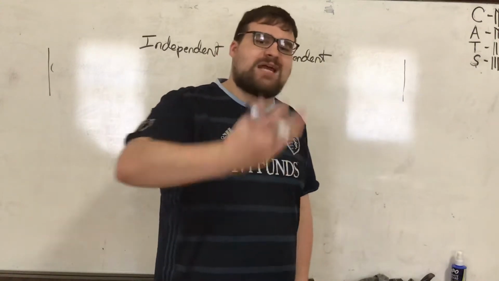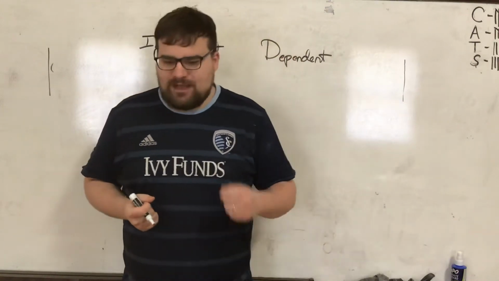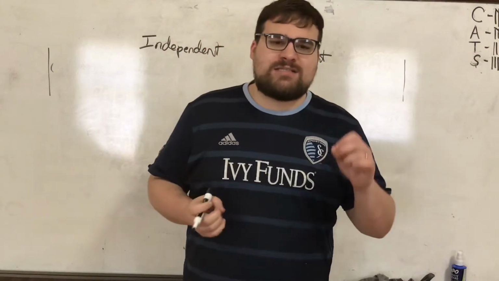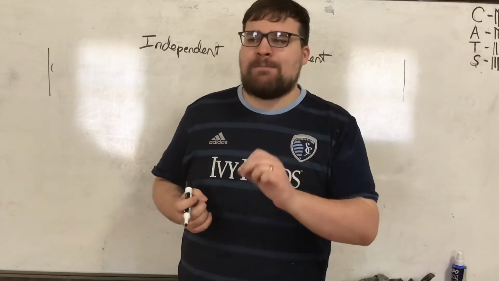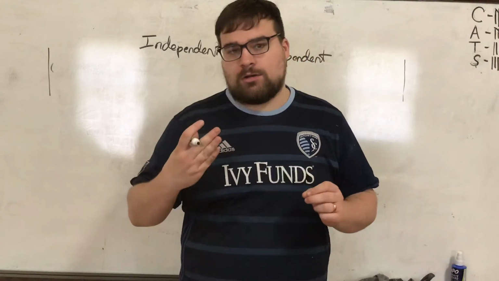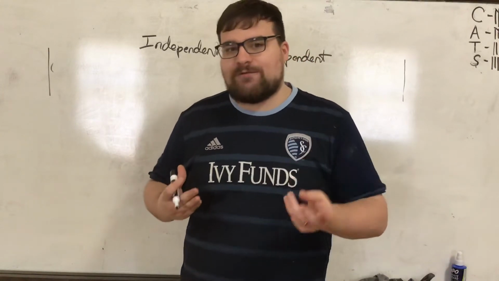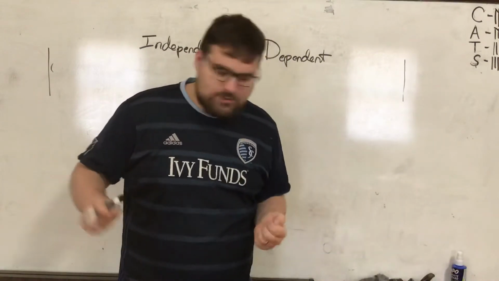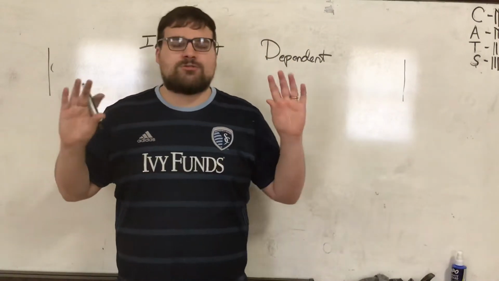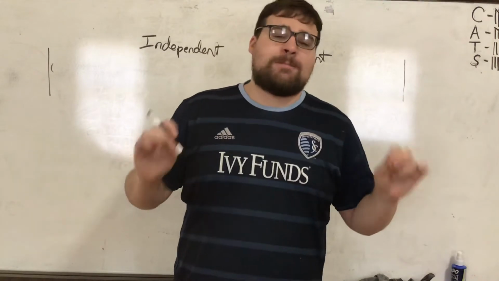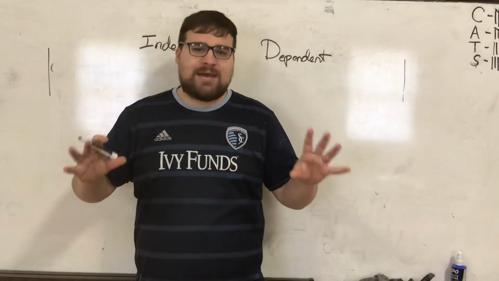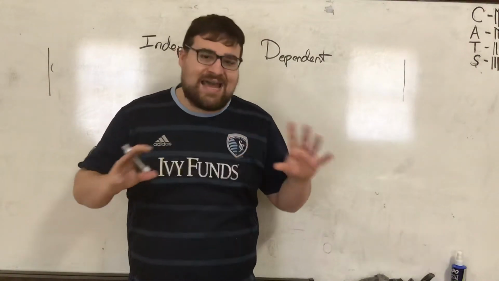For example, in the dice and card scenario, if I want to roll a 5 and then draw an ace, does it have any direct impact on the card draw, whether or not I roll the 5 or not? You know, it doesn't, right? I'm rolling a dice over here, I'm drawing a card over there. They're two separate or independent events, meaning they do not have any impact on each other at all.